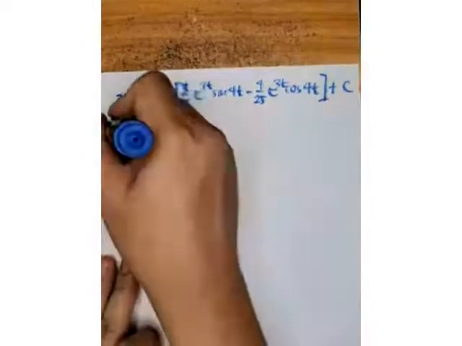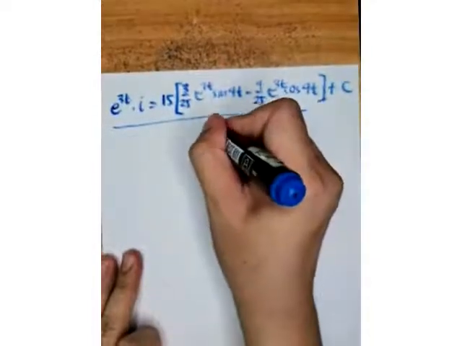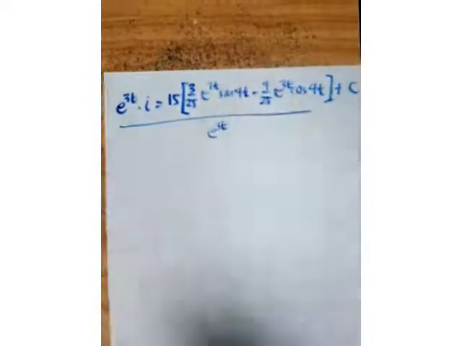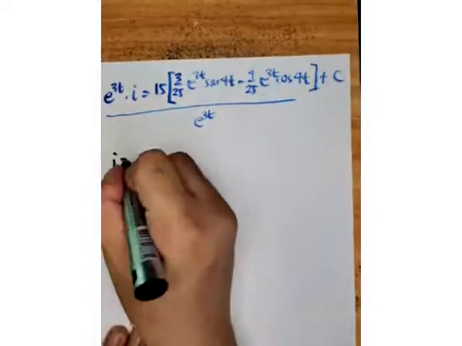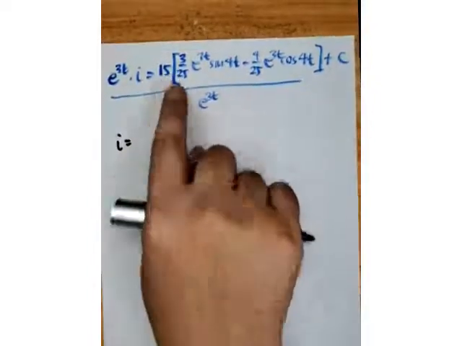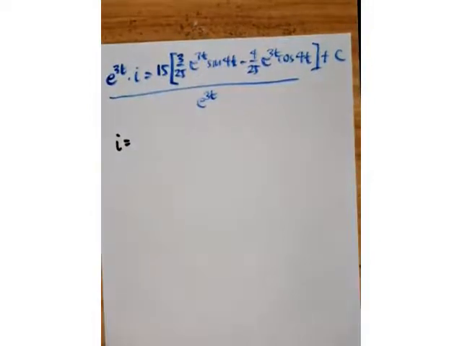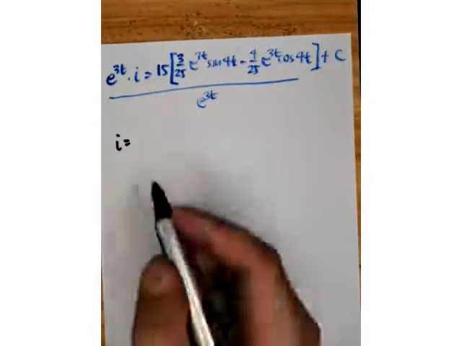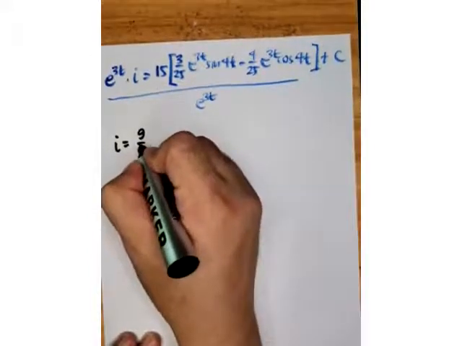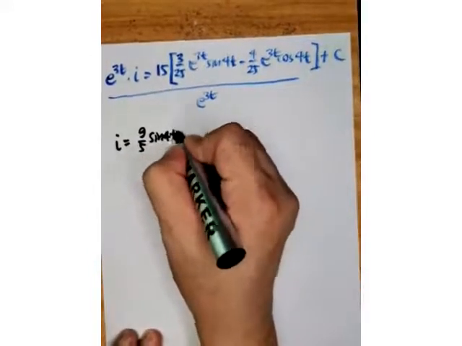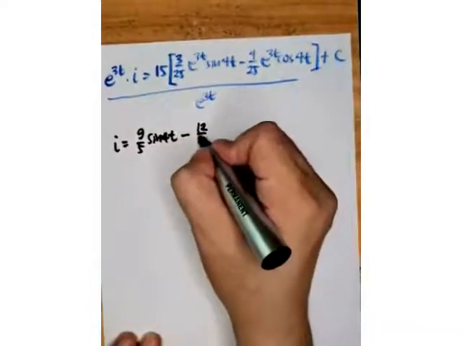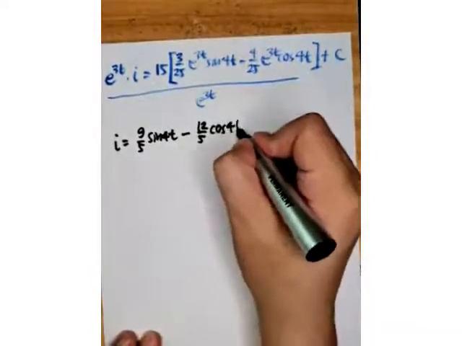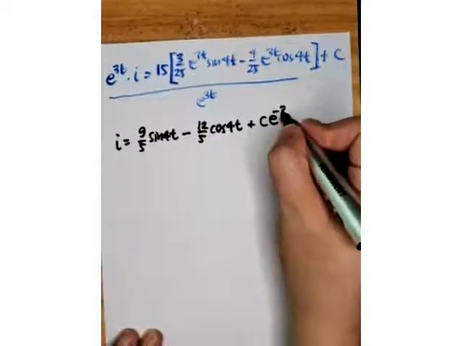And then divide natin yung buo na e raised to 3t. So our final answer will be for the equation of I. So I is equal to, multiply natin to. So 15 times 3 divided by 25. So 9 over 5 sine 4t minus 15 times 4 over 25. So 12 over 5 cosine 4t plus Ce raised to negative 3t.